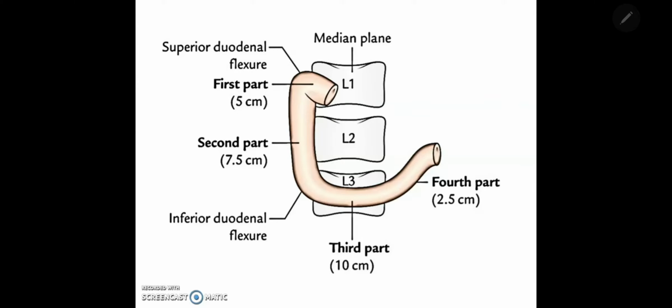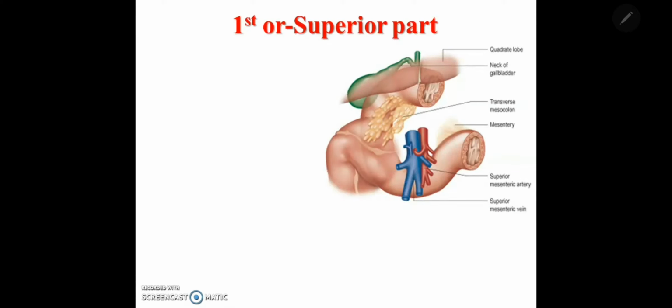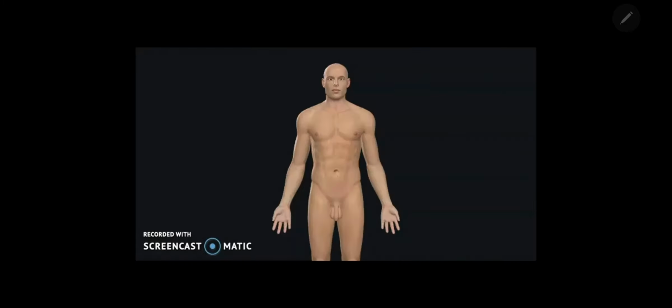These are the 4 parts, and you can see most of the duodenum is on the right side of the median plane, extending from L1 to L3. The first and second parts are on the right side. The second part is more posterior compared to the first and third parts. The third part is more related to the anterior abdominal wall.